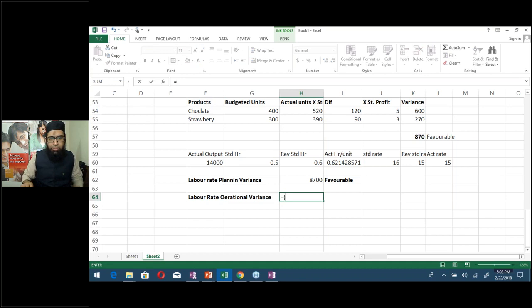And this will be revised standard rate minus actual rate multiplied by actual hours per unit into number of units. So this will be 0. This is because revised standard rate and actual rate are the same. So this will be 0. So neither is it a favorable variance nor an adverse variance.